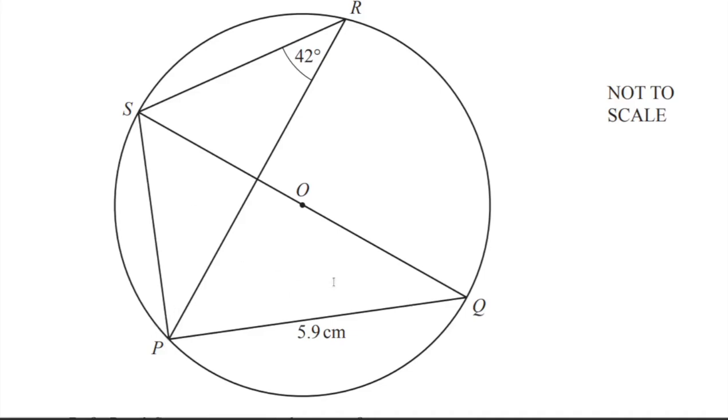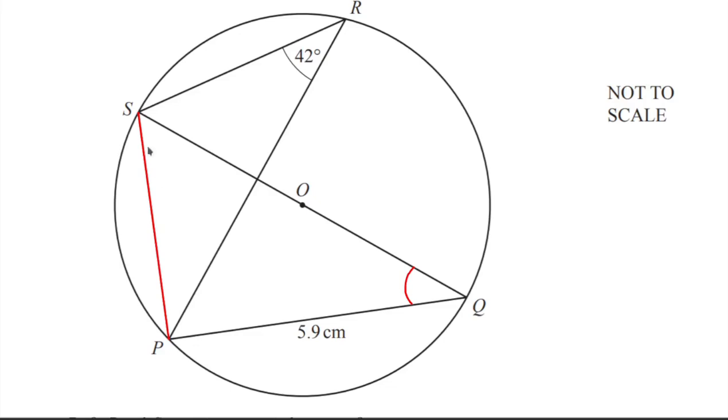How can we find an angle? We can find the angle Q down there. Remember, there is a theorem that says angles subtended by the same chord are equal.